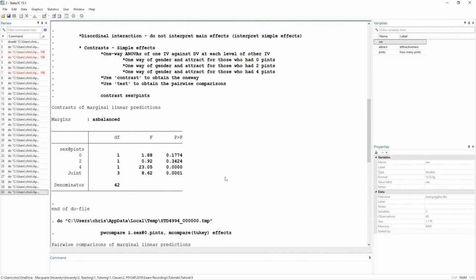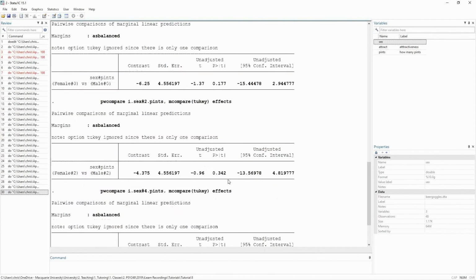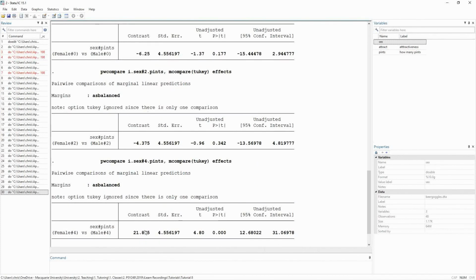Same p-values up here. One of the benefits of this, though, is that it tells you the direction of the effect. Like, we can just look at the means and figure it out, but we can also get an indication of this. So here, what this contrast value is telling me is that there is 21.875 units of difference in attractiveness between females and males.